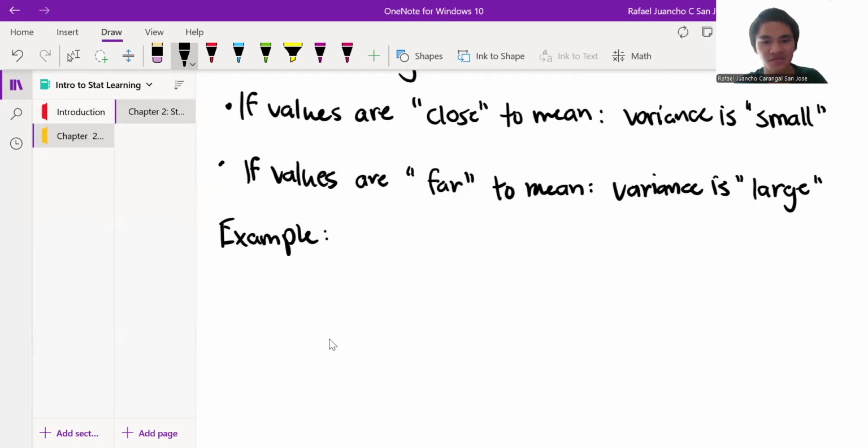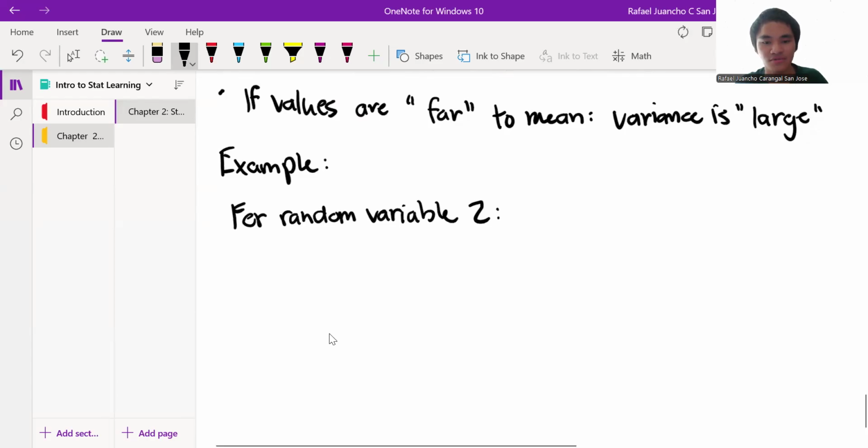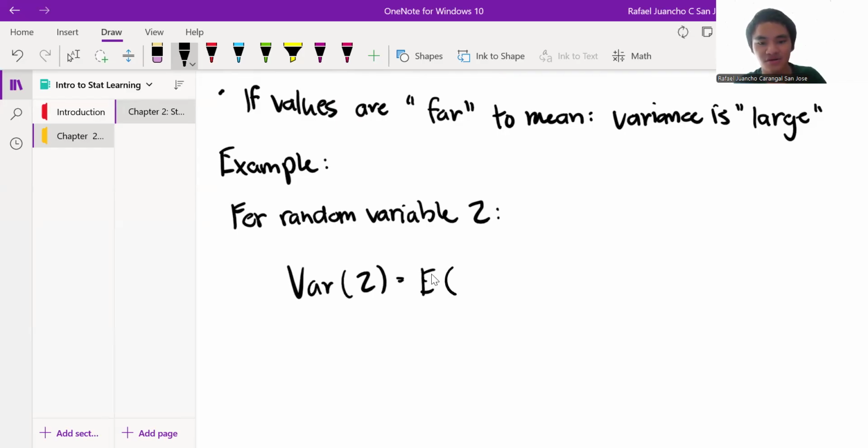So let's say we have some variable z. Here we have the variance of z, which is basically the expected value of the value that we got minus the expected value, and then we square that thing.